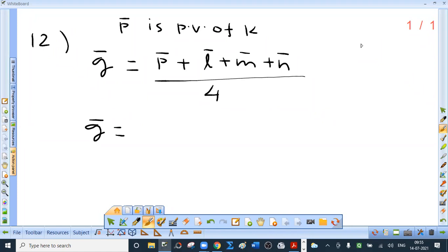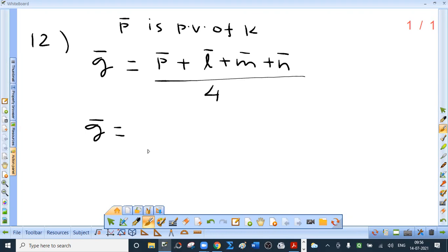So take it as P bar. See, you have to write detailed solution by writing let P bar, L bar, M bar, N bar be the position vectors of the points K, L, M, N respectively with respect to some origin O and so on. And then centroid of tetrahedron has position vector G bar equal to. I have written this directly.